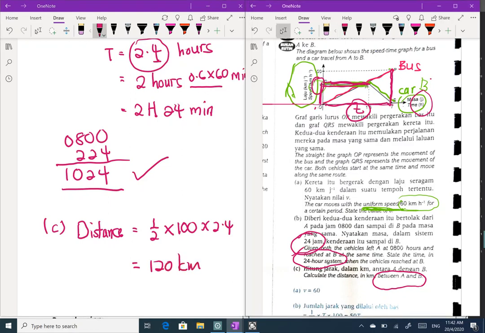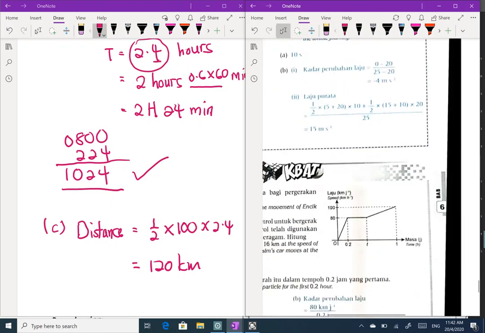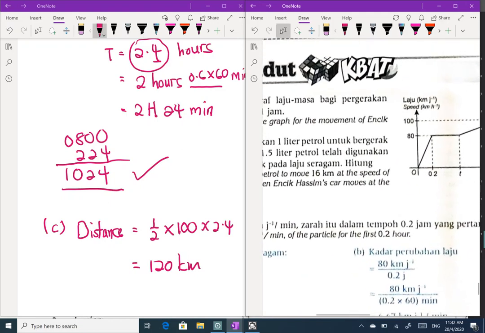Okay, we go to the last question. 最后一题 is our K-BAT question.